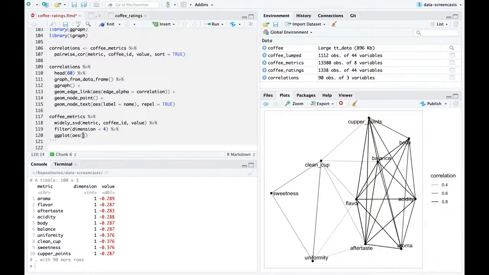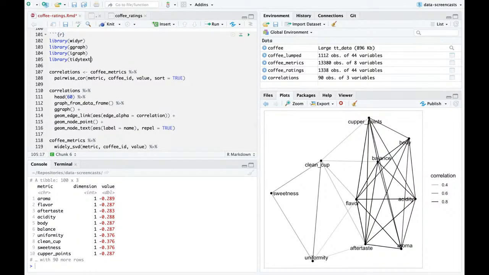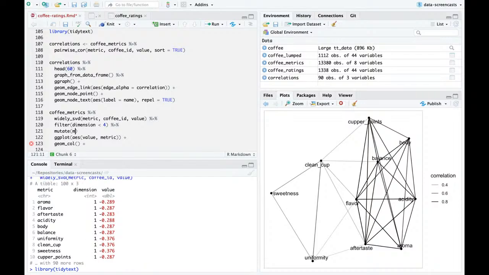Then I'll plot value by metric with geom_col, and mutate metric equals reorder_within metric by value within dimension, using tidytext.